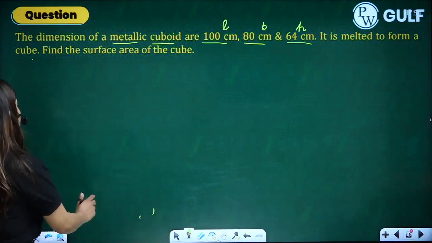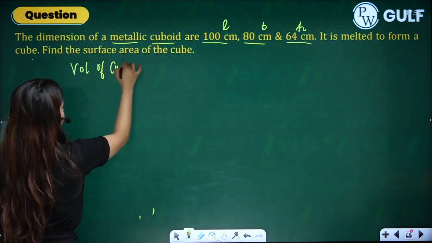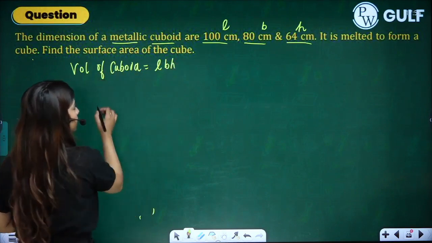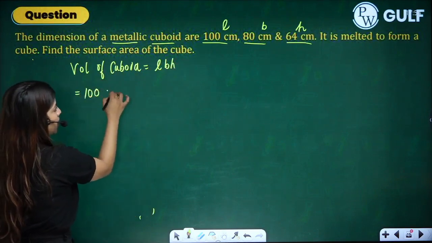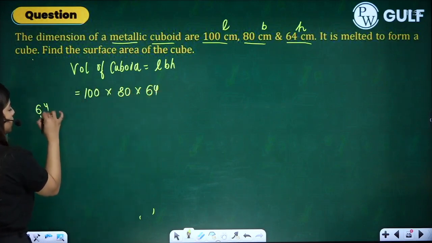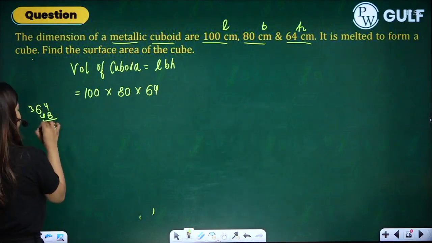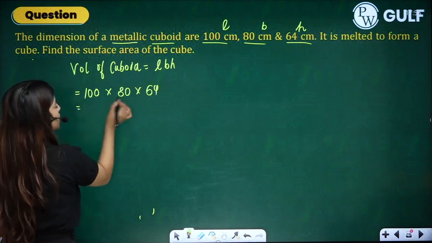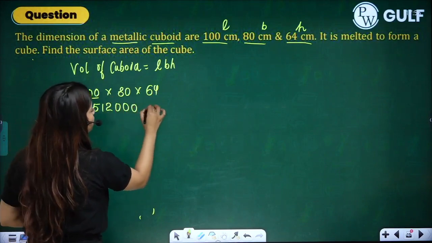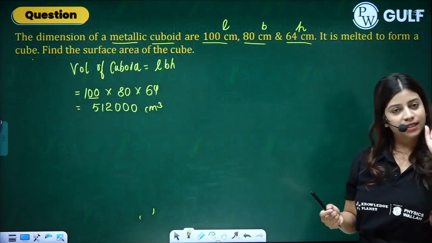That remains the same. So can we say that the volume of the cuboid is equivalent to length into breadth into height, which equals 100 into 80 into 64. Now 64 into 8, students, 8 4s are 32, 3, then we have 8 6s are 48, and then we are having 51. So 512. So we have 5120, and these 2000 centimeter cube will give you the volume of the cuboid, the very first thing.